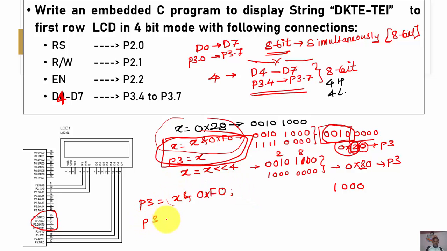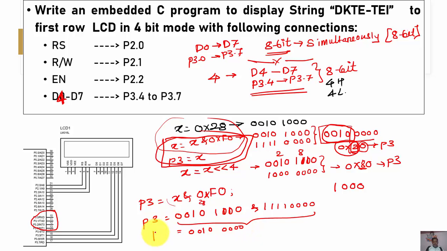So P3 = 0x28, that is 0 0 1 0 1 0 0 0, ANDed with 1 1 1 1 0 0 0 0. What is the resultant of this entire value? First it is 0 0 1 0 then 0 0 0 0, and this value now gets assigned to P3, right? So first I am going to transfer this data.